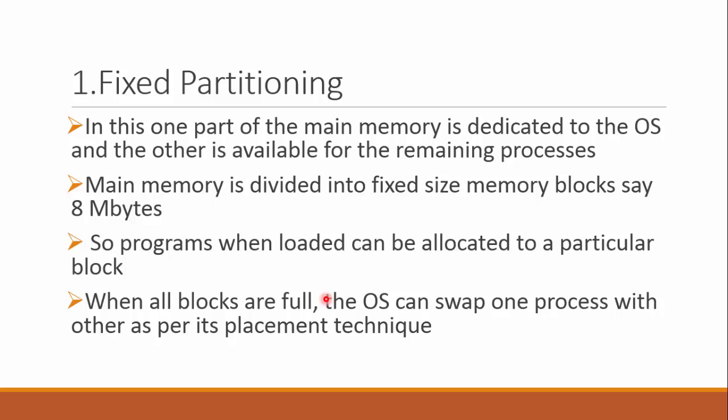When a program is loaded, it can be put into that block, so it gets a fixed size of 8 megabytes. And when all the blocks in the main memory are filled, the OS can swap some blocks with another process it is trying to load. So in fixed partitioning, the blocks are of fixed size.